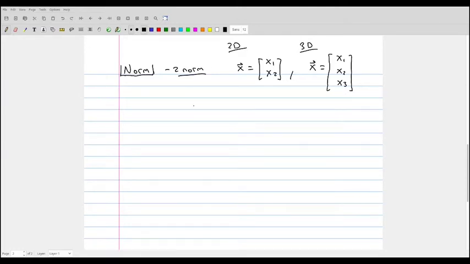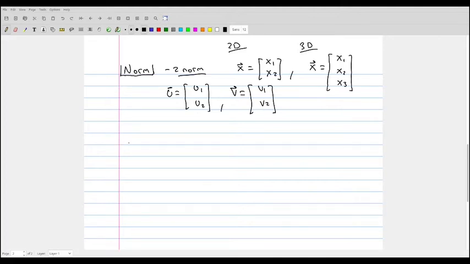And you'll remember that the distance between 2 points, let's say a point u, I'll just do it in 2D, u is u1, u2, and v is v1, v2, we can use the norm to define the distance between these 2 points.